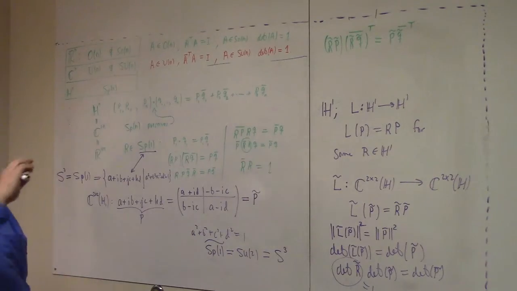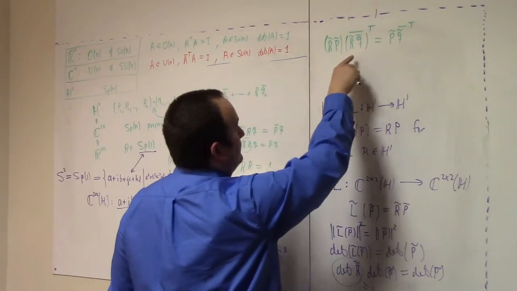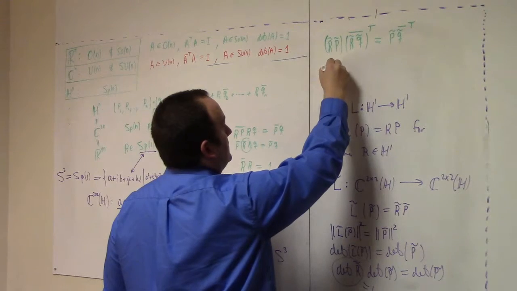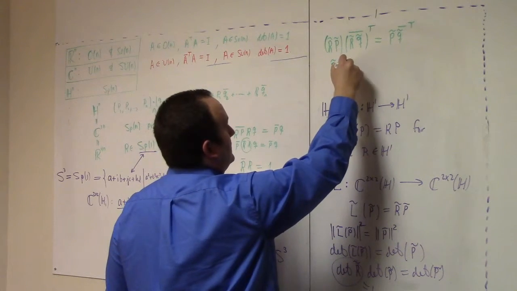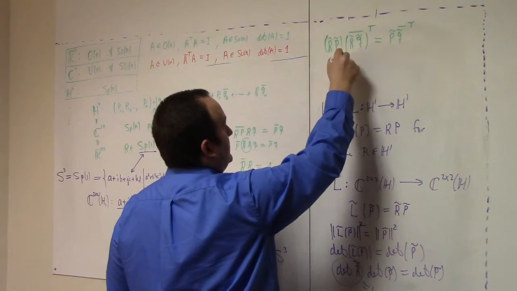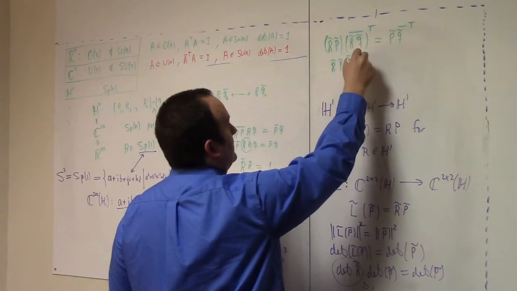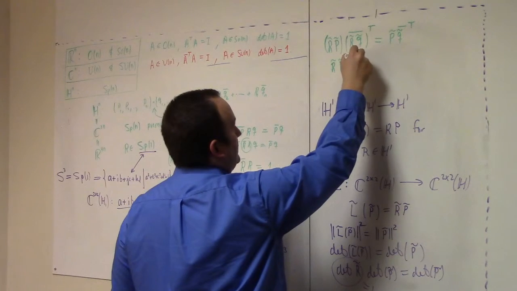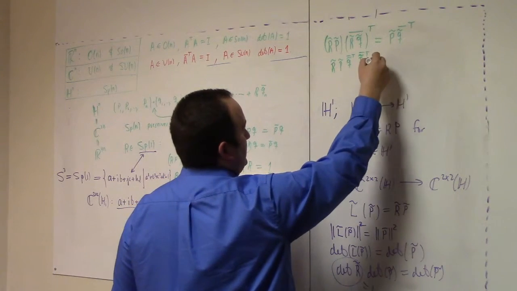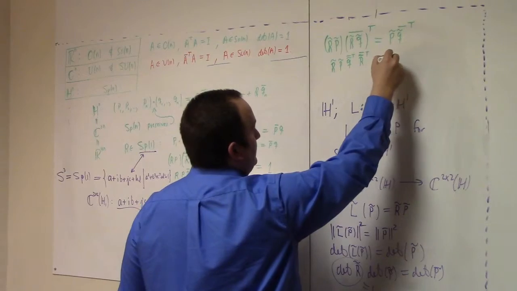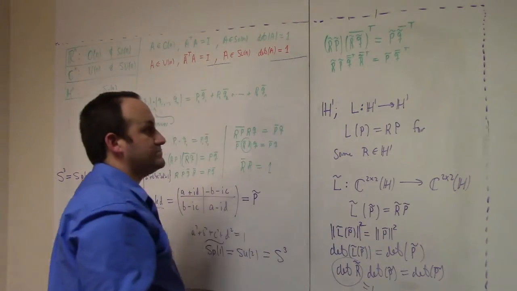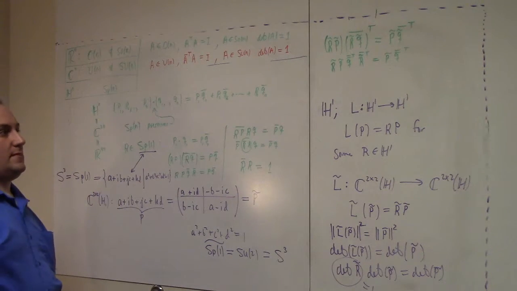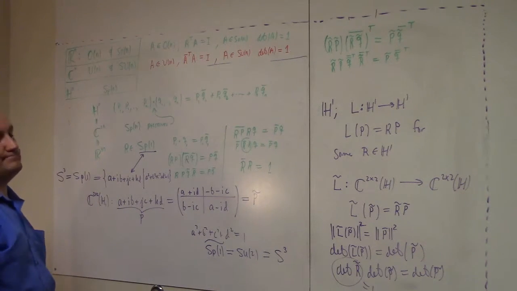So this is R tilde, P tilde, Q tilde bar transpose, R tilde bar transpose, goodness gracious, how awful this is. And then Q tilde bar transpose. Can we do them at the same time, the reverse and the bar and the transpose?